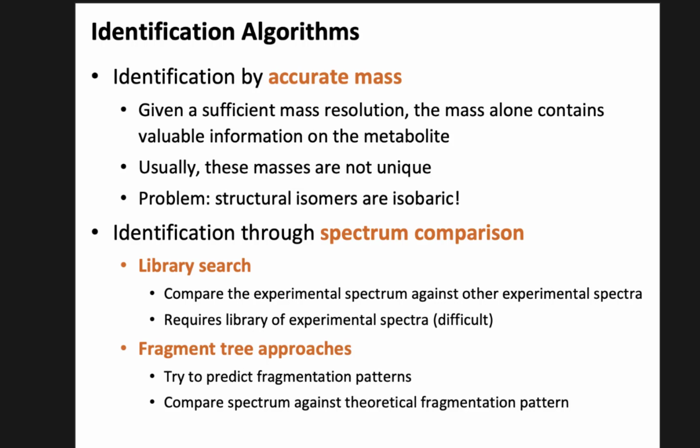NMR, yeah, so an orthogonal method that is independent, that's certainly a good idea, but it can be very hard to actually get an NMR of the pure compound because you would need to get it out of your mixture first. So that's not trivial. Other ideas? A synthetic standard. And what would you do with that standard?